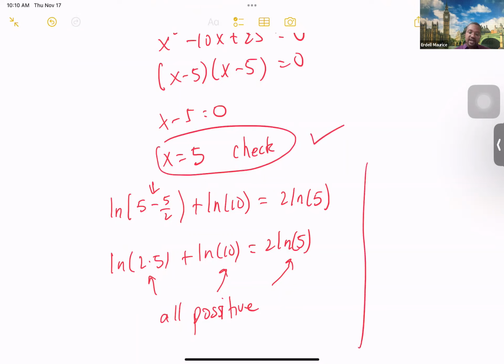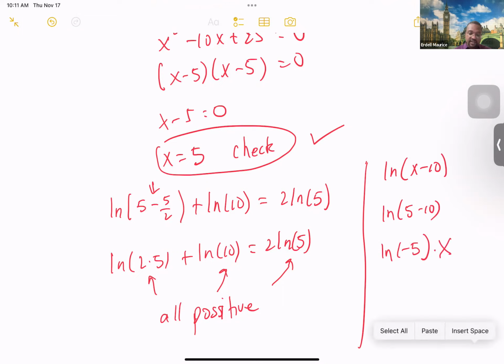Again, for argument's sake, just so I can prove the point right here, let's say the question was ln of, say, x minus 10, and I got an answer of 5. I plug in ln of 5 minus 10, that gives me ln of negative 5. This does not make sense. And so then that would mean that x cannot equal 5 in this example.